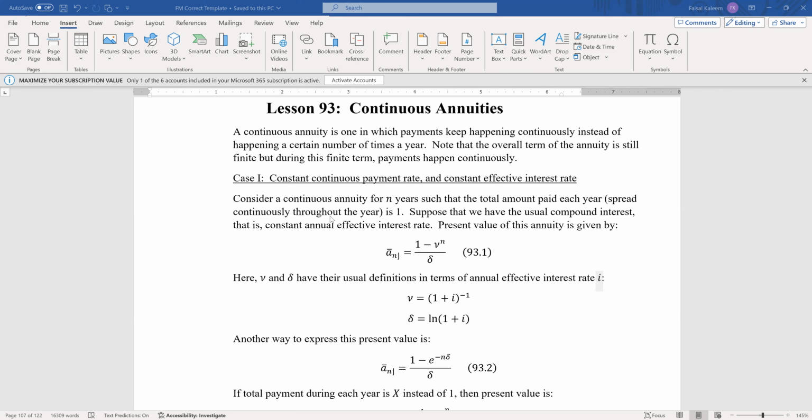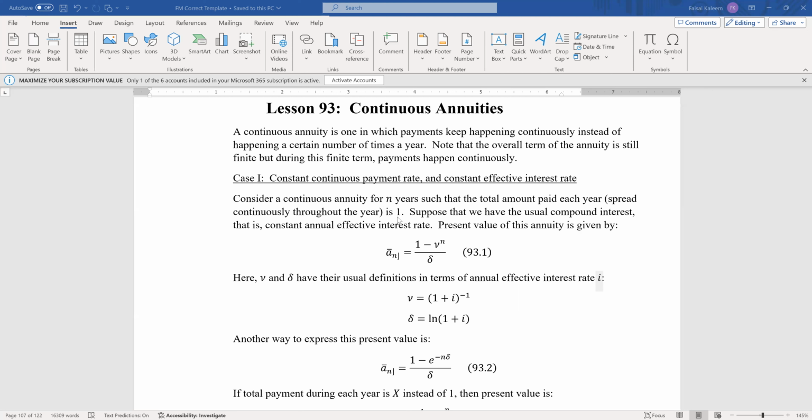So consider a continuous annuity for n years such that the total amount paid each year is 1. Now instead of happening at a fixed time during the year, as usually we've dealt with payments at the beginning or end of a year, or quarterly payments at 4 different spots during the year, this time the payment is spread uniformly throughout the year.